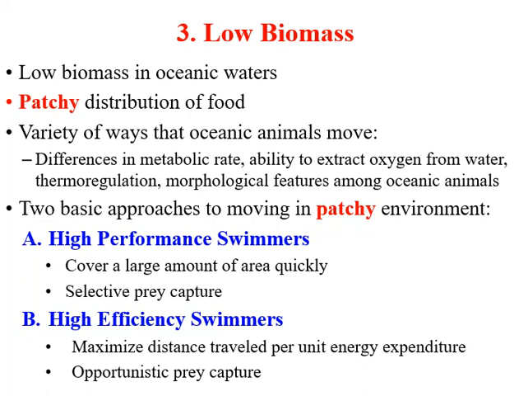So one of the adaptations that pelagic or oceanic organisms have to deal with is these patchy resources. That there's some places where there's a lot of primary productivity, there's a lot of nutrients, and there's other places where there's not very much energy.